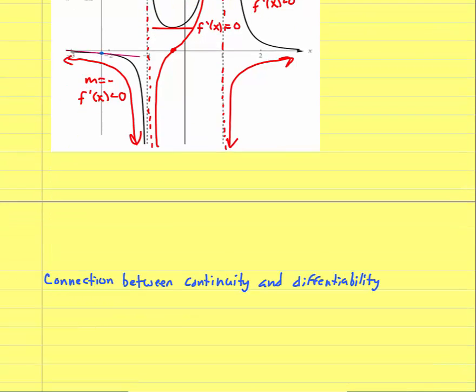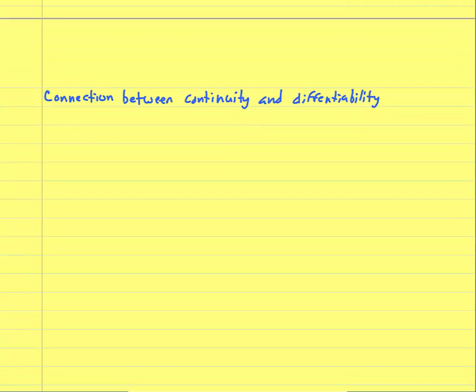So let's go ahead and talk about the connection between continuity and differentiability, because it is important. And what we want to come away with here are a couple things.